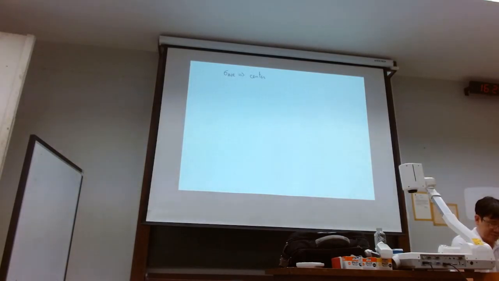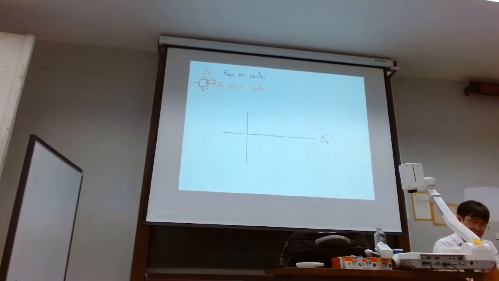So when you have sigma x, tau xy, sigma y, like that, what you need is the very surface. Positive x, I will call this surface A. When you have the circle, I'll have this as sigma x prime.